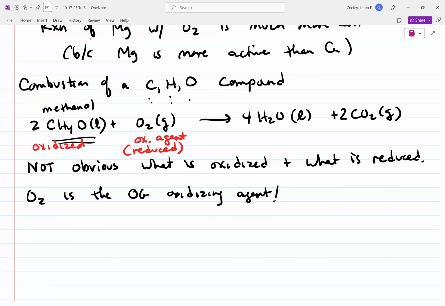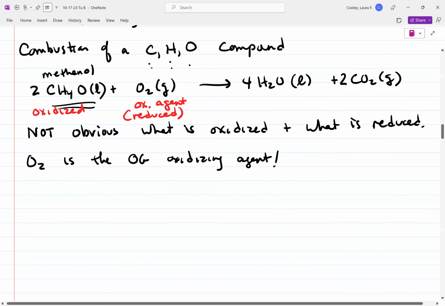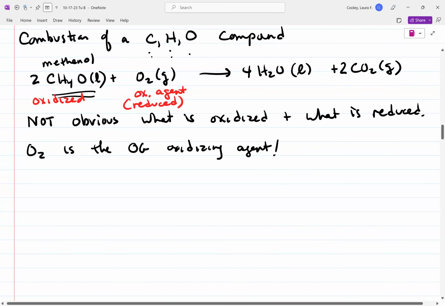But that's not good enough to tell me what is actually getting oxidized in this reaction. So it's very difficult to figure out from what we know so far what gets oxidized and what gets reduced.